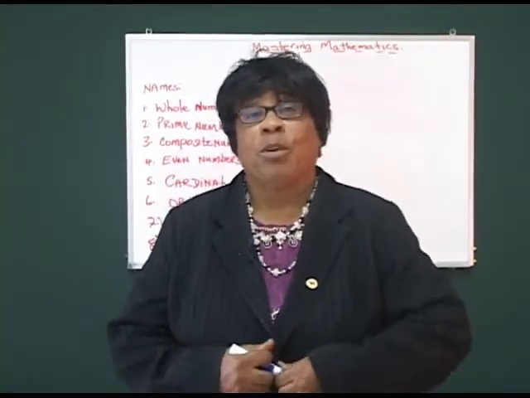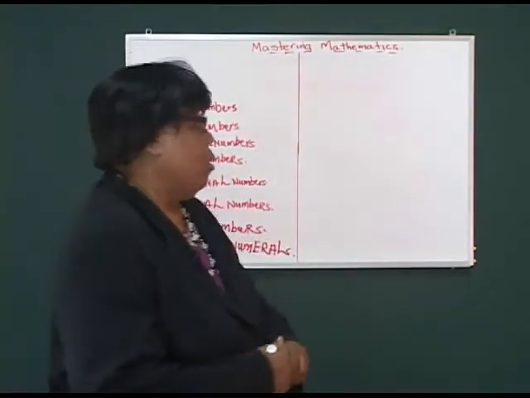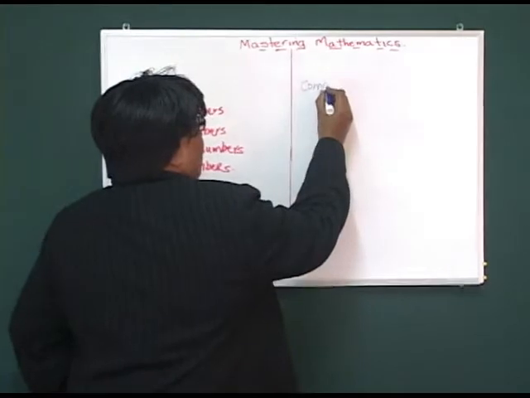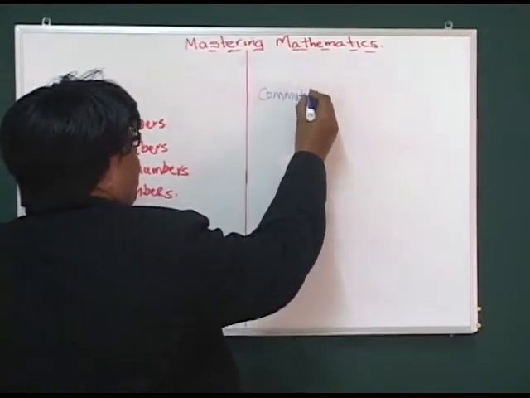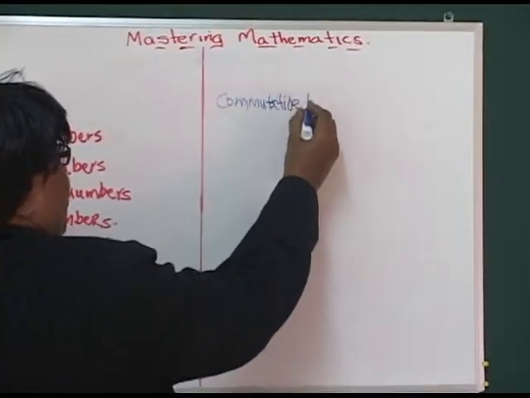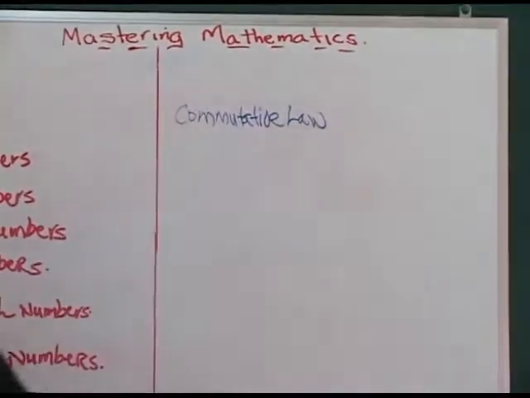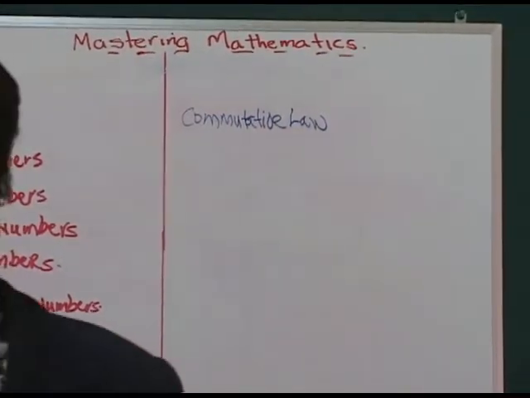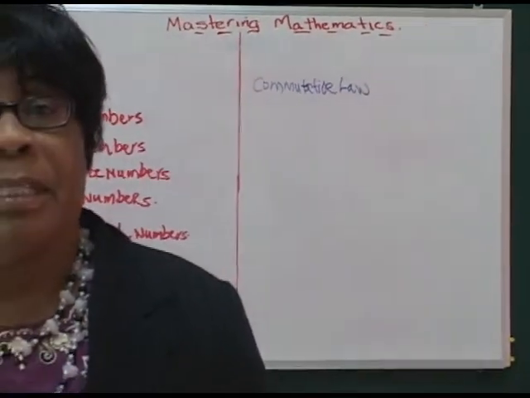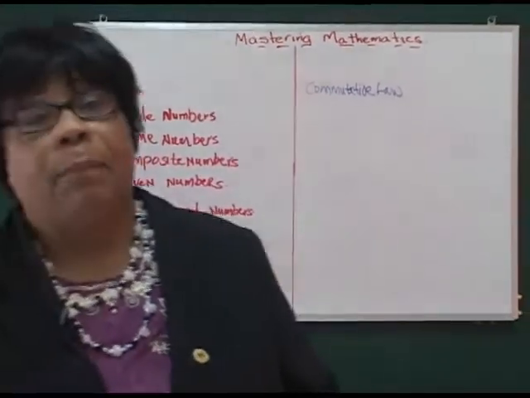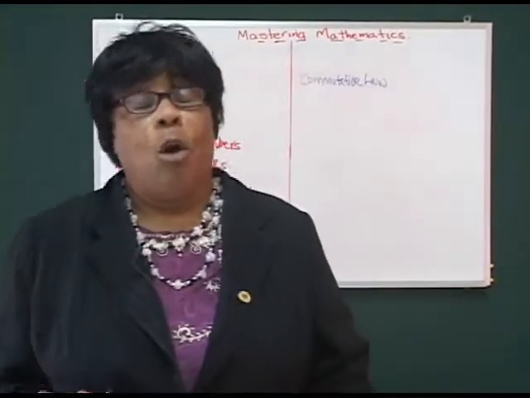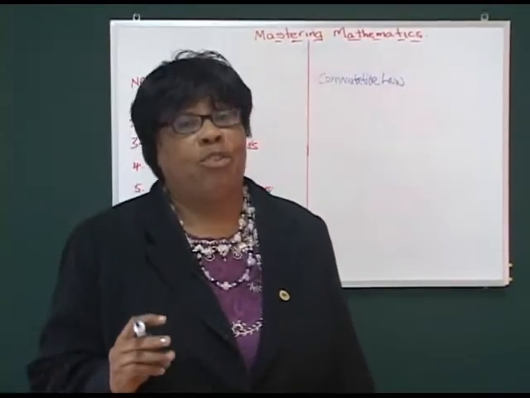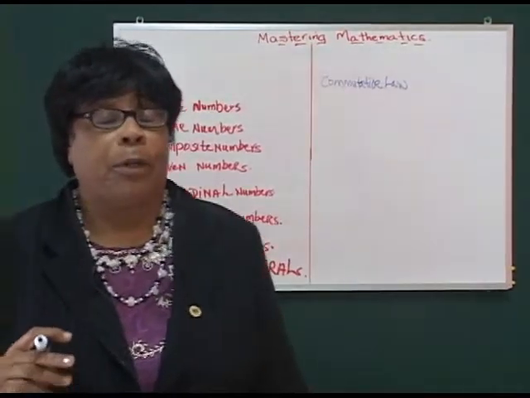The first one I want to talk about is the commutative law. For us in mathematics, this is what is happening. Every time we have to multiply numbers, there has to be something governing it. The law says it does not matter the order in which we group or multiply our numbers.